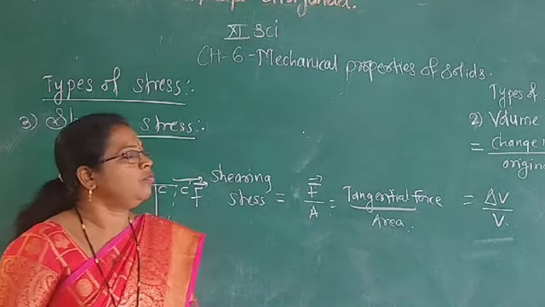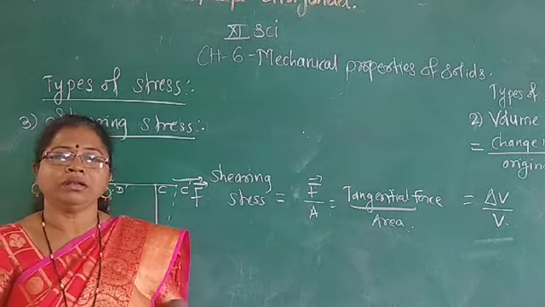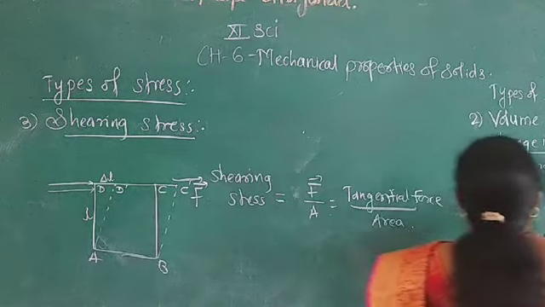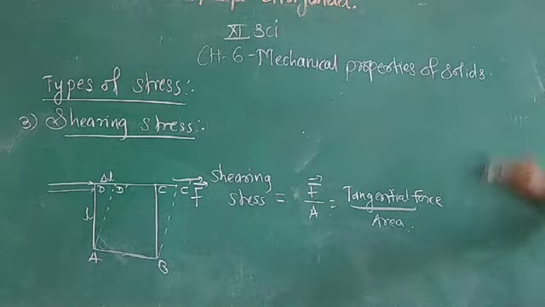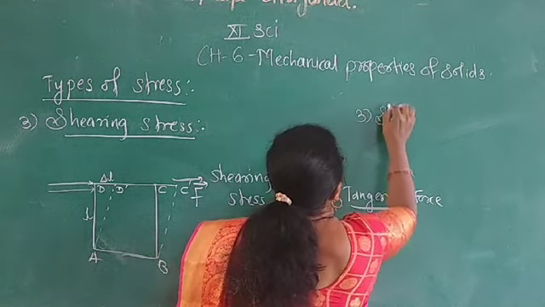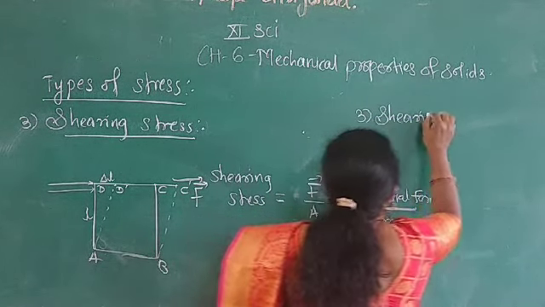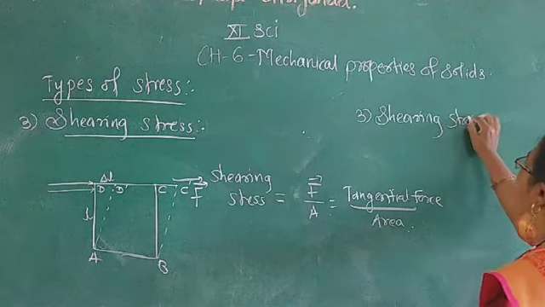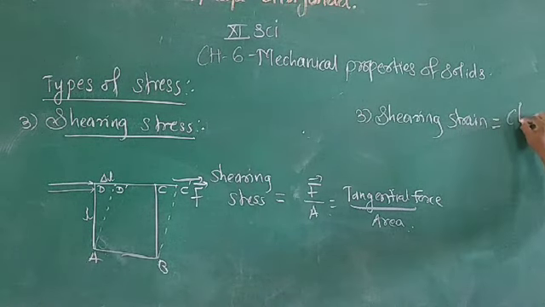Then what is the third one? That is shearing strain. What does it indicate? It indicates change in shape to the original shape.